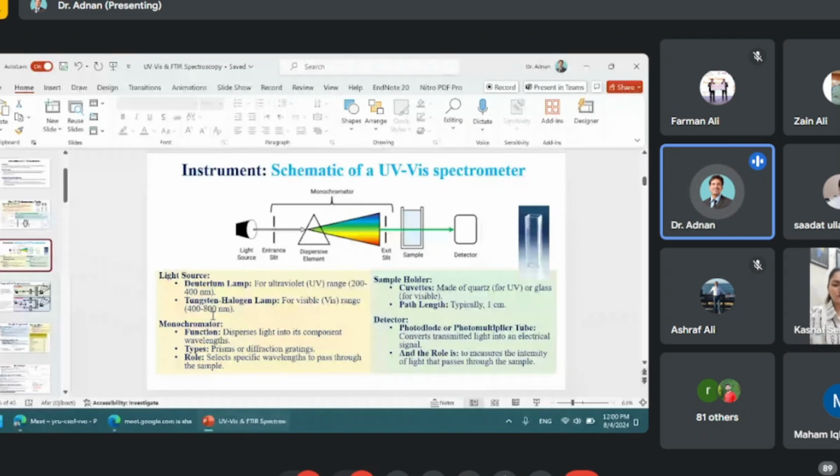We also use the reference cell in the single beam, but first we have to keep the reference and then the sample, so that requires manual operation. While in the double beam, that doesn't require manual operation, but automatically subtracts that substance's peaks from the sample peaks. You got it?